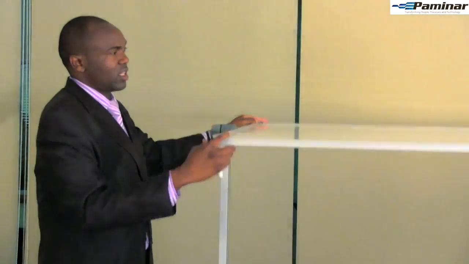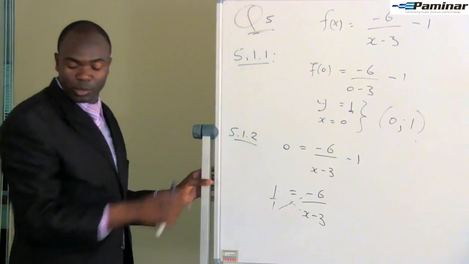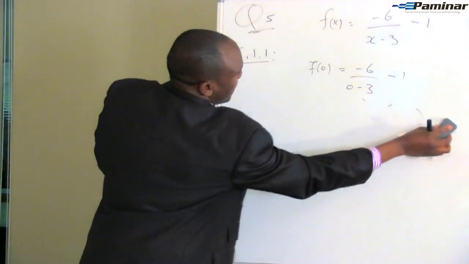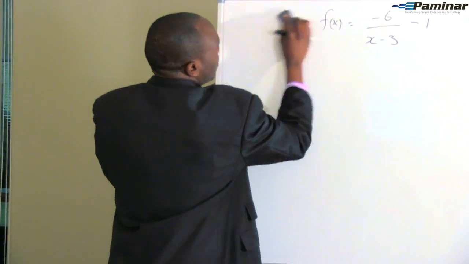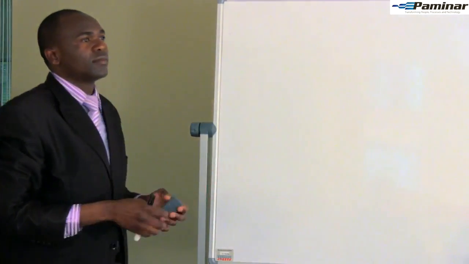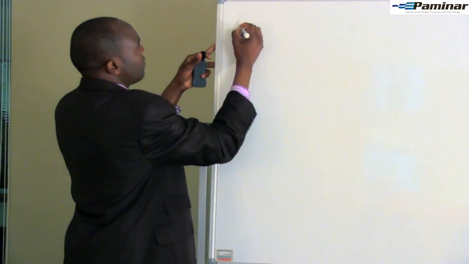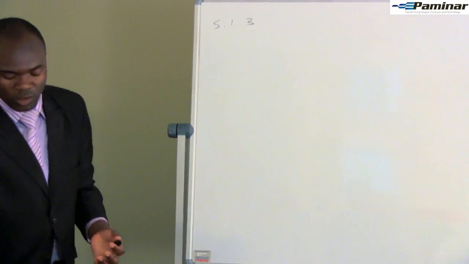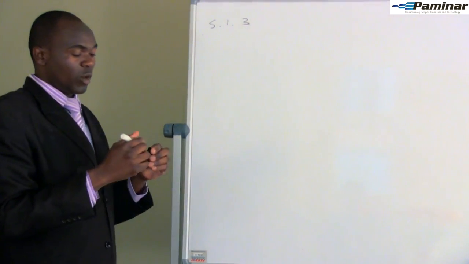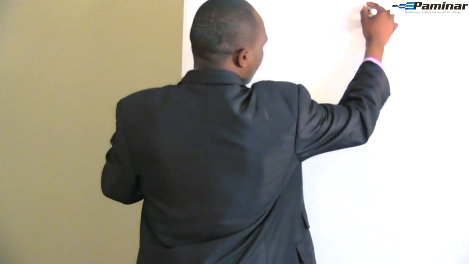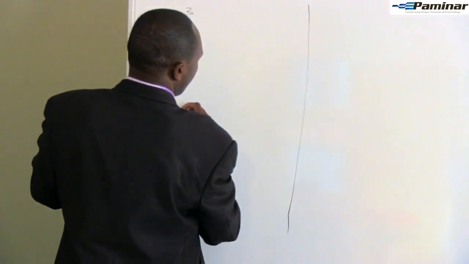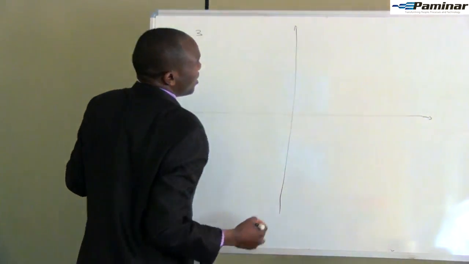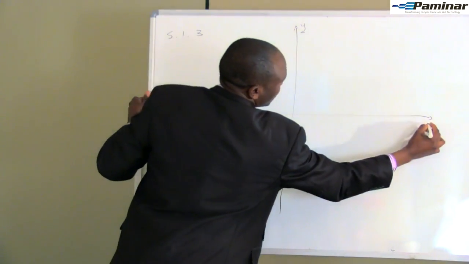I'm going to erase this so that we can draw it nicely. Okay, 5.13. Now when we are drawing, this is y, this is x.